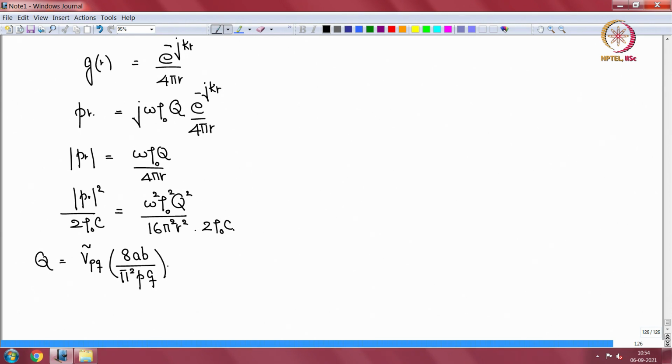So now if I substitute this q into this expression and do all the cancellations, I will get twice rho 0 c V tilde PQ kab by pi square, pi cube r pq, whole squared.